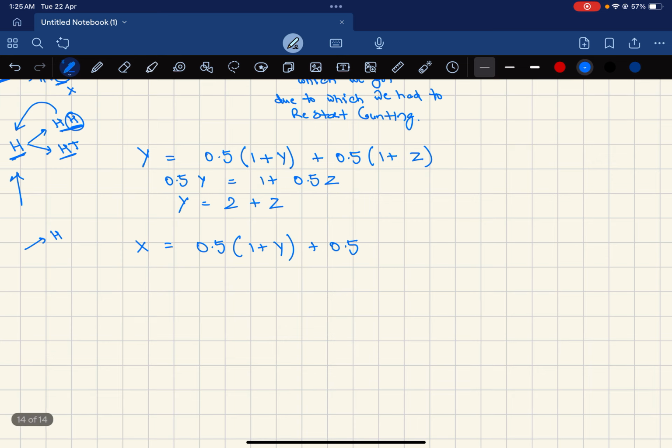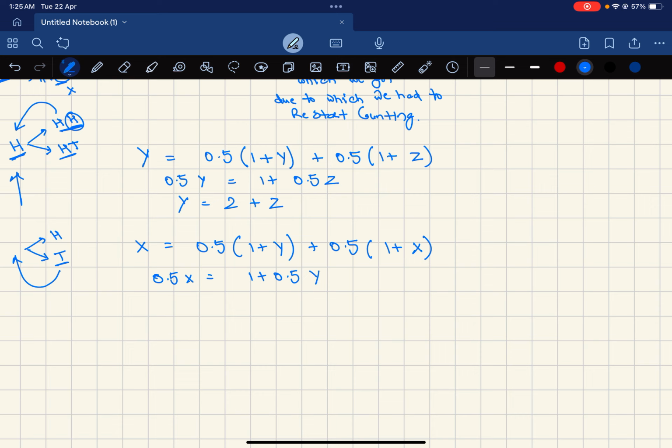But let us say we get again a T. In case of T, we'll again have to restart, since we have to start from H, but we have got T here. So we'll again have to restart, and therefore we need x more trials in that particular case. So this can be written as 0.5x equal to 1 plus 0.5y.